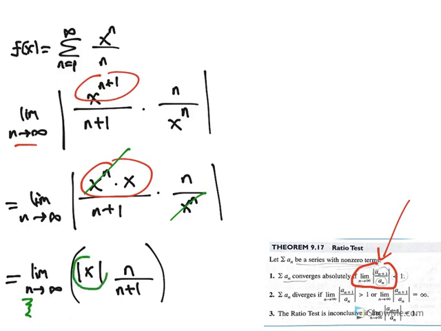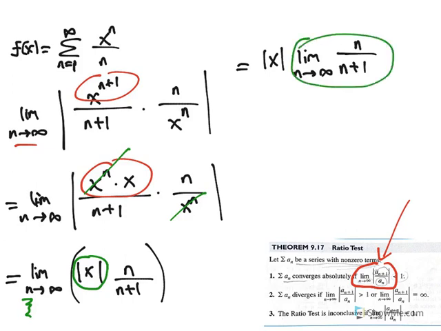So you treat the absolute value of x as a constant, and you can factor it out of the limit. And when you do that, this is what you have. And of course, the limit here is equal to 1. So the limit from the ratio test for the power series f of x is the absolute value of x.